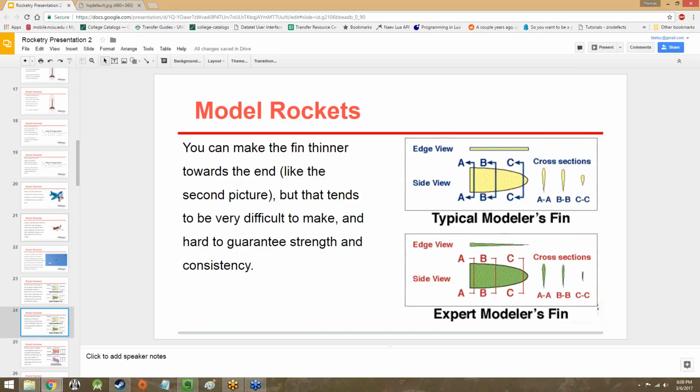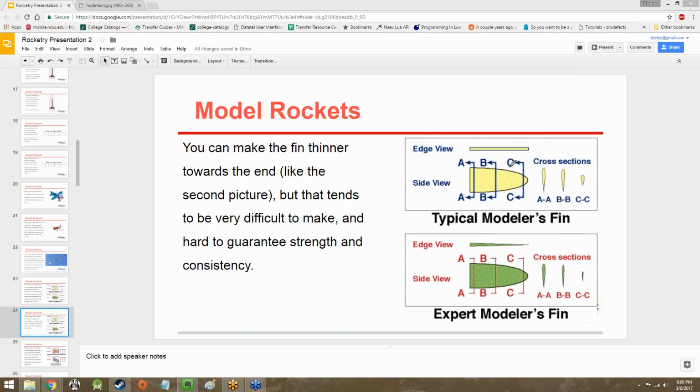The reason for that is because while this general design does better with profile drag, it actually performs fairly poorly at low Reynolds numbers. So you are forced to make the fin larger in order to be able to reach those areas of higher Reynolds numbers.